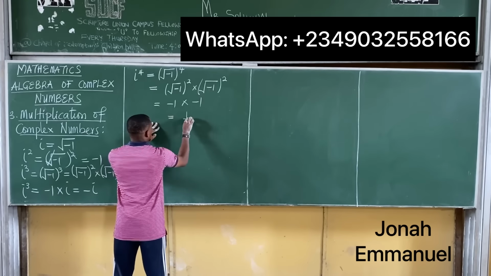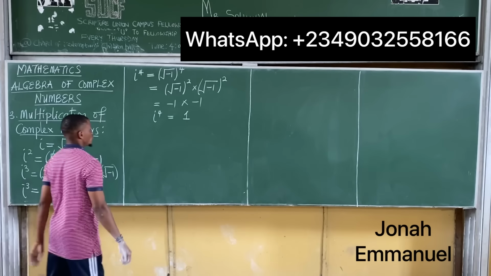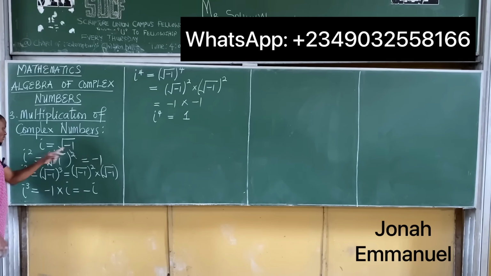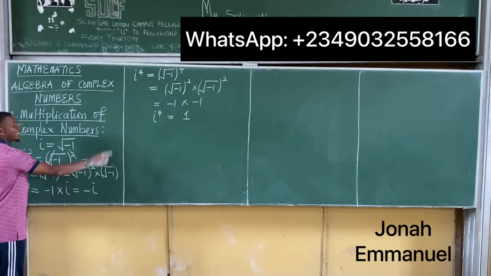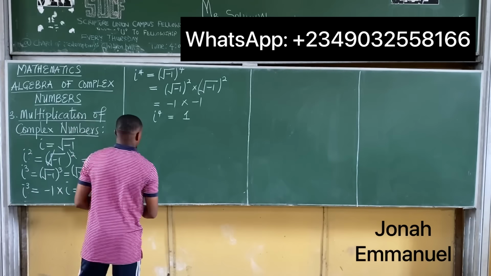Minus 1 times minus 1 is 1. So i to the power 4 is equal to 1. So note these four things. Note that i is equal to root minus 1. i squared is minus 1. i cubed is minus i. i to the power 4 is 1. So we'll get this down and we'll use them in our solving.